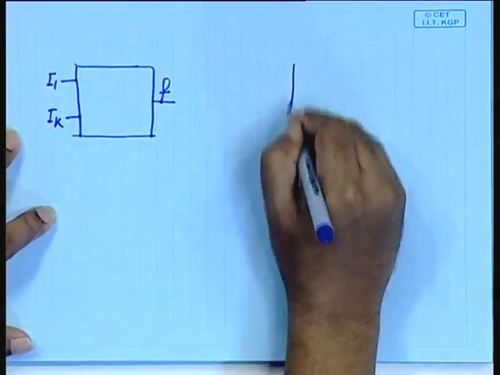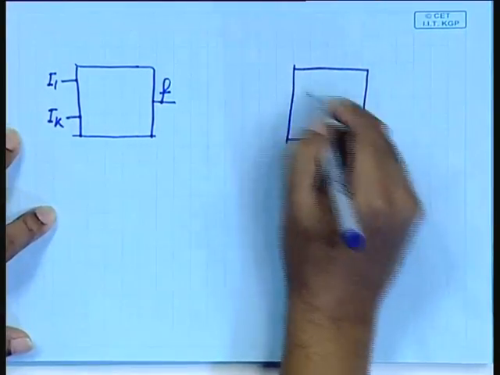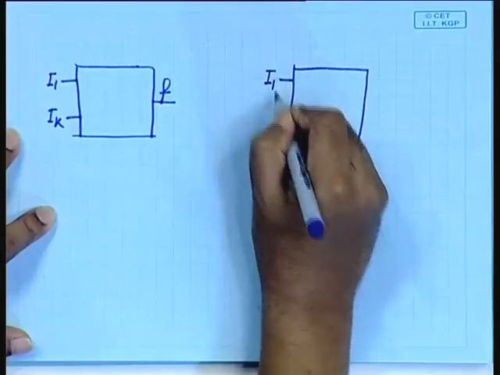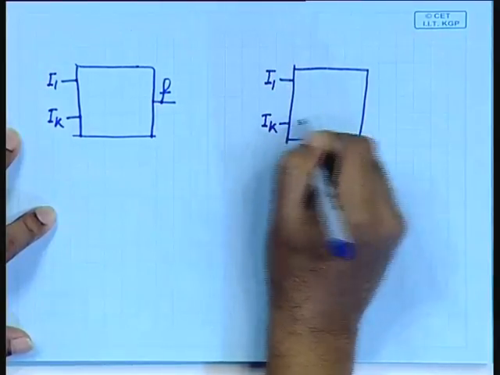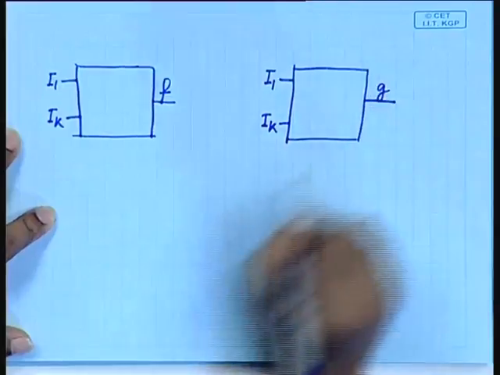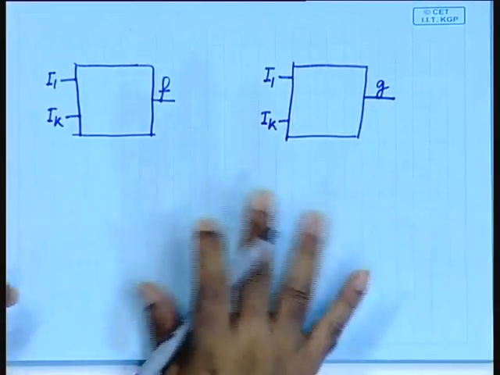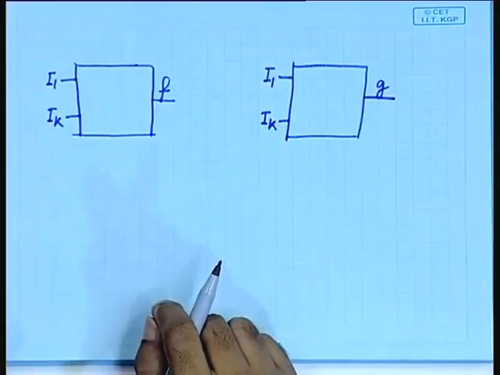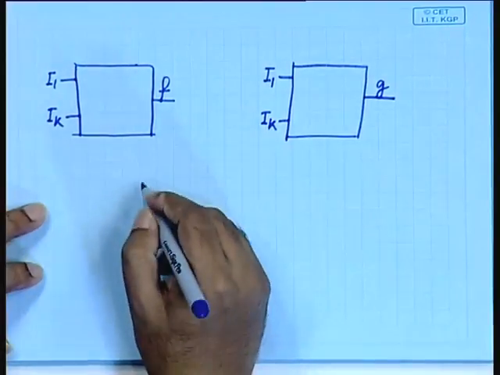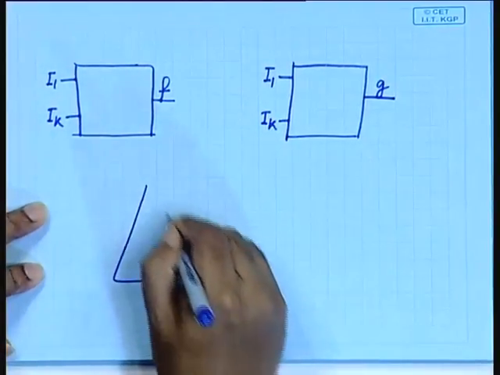I give you another circuit which takes the same inputs I1 through Ik and produces a function g. I want to determine whether f and g are equivalent, right. So, what I do is I create a BDD for f.